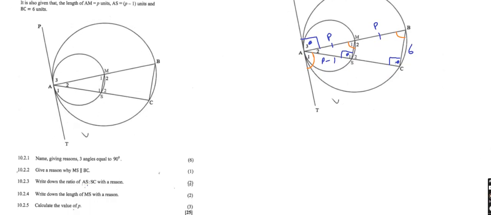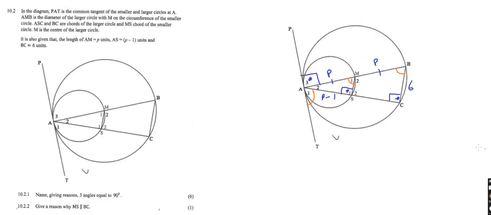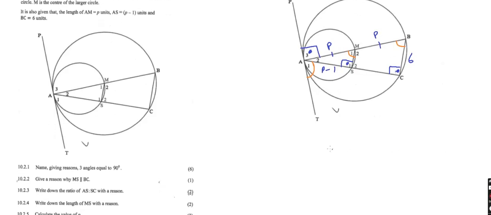And then they say name, giving reasons, 3 angles equal to 90 degrees. Here we are. We've got 3 angles already, right? So we can say angle C equals 90 degrees because it's subtended by a diameter.